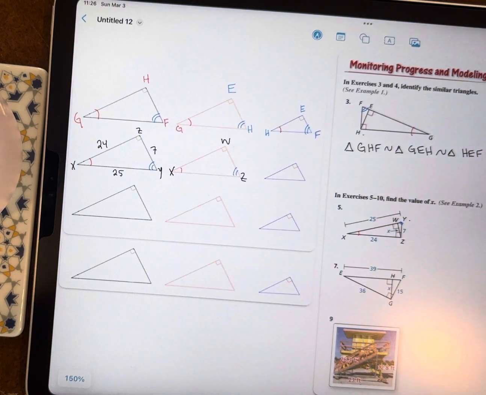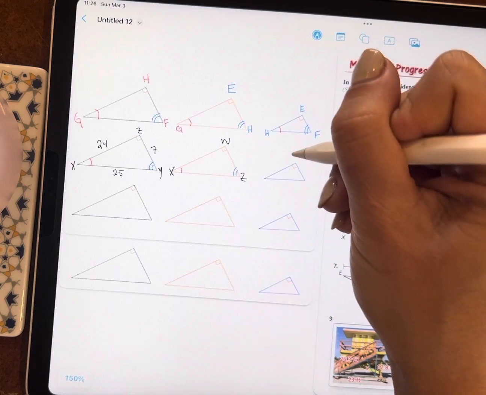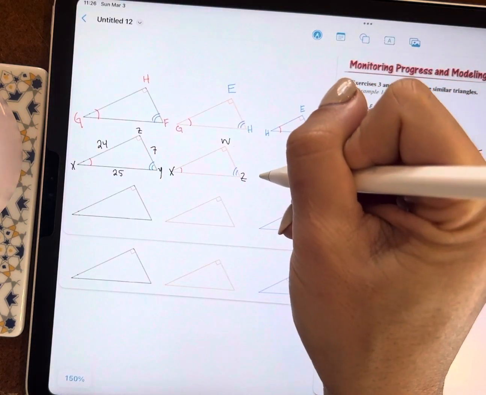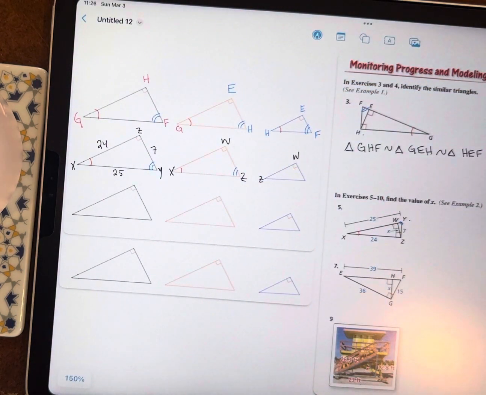Okay. And last but not least, the little guy. The little guy's right angle is at W. Its small angle is Z, and its large angle is Y.